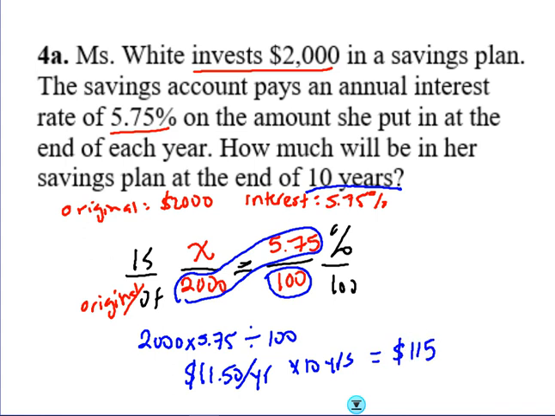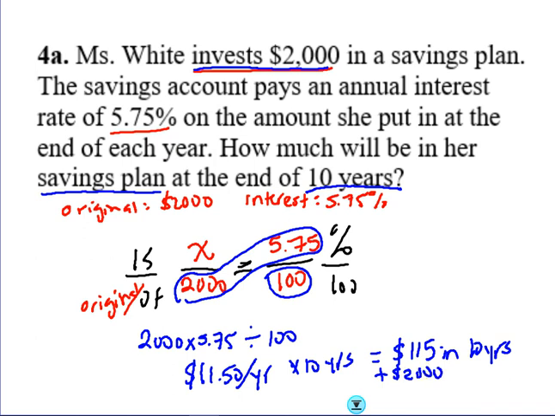So far, that means that she made $115. But that still doesn't answer our question because, yes, she makes $115 in 10 years, but the question says how much will be in her savings plan. So with the entire plan, that is the $2,000 that she originally put in and the interest, the $115. So that means we need to add the $2,000.